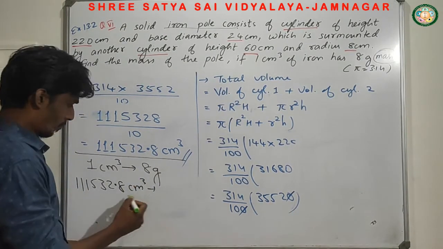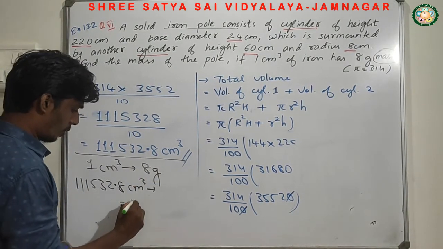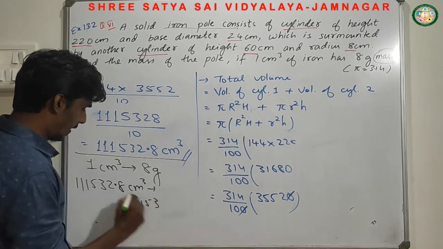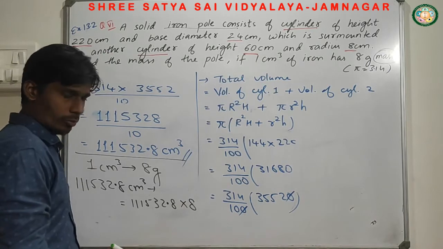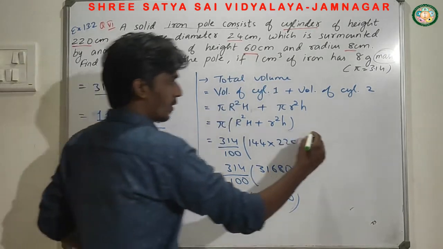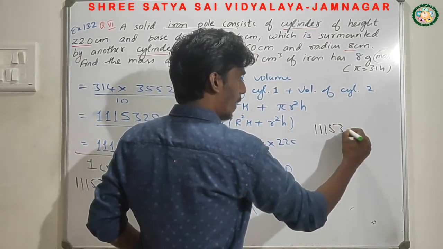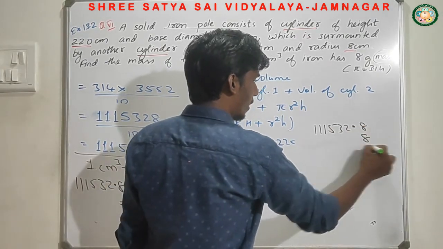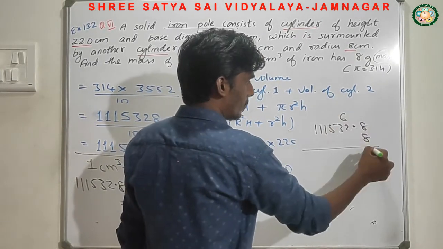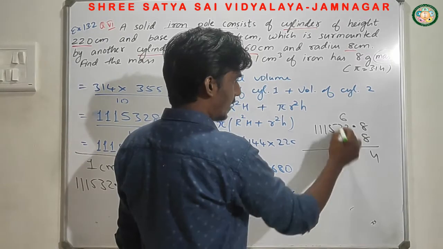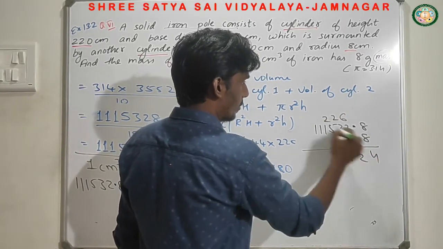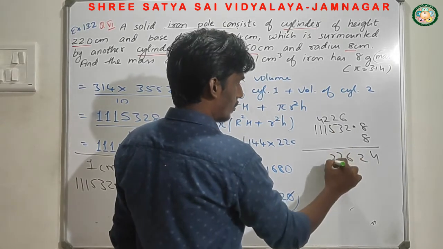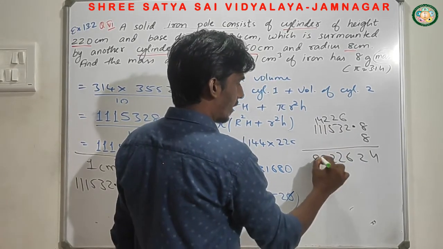This is 111,532.8 into 8. Multiply these two to get the total mass.